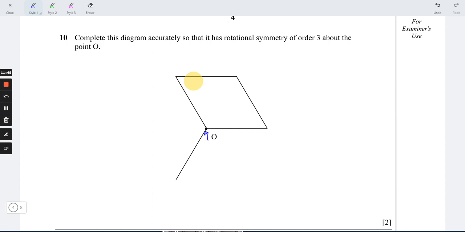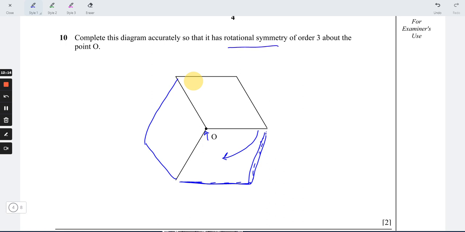So here, if you rotate it like this, you will get this side here, and if you rotate it again, you will get it also like this. Anti-clockwise or clockwise, you will get the same answer, rotation around a point.